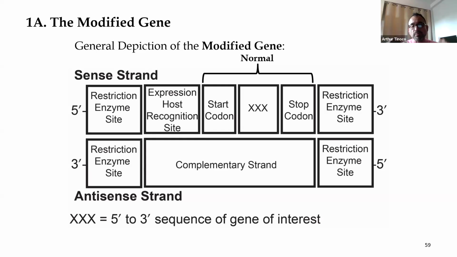When you look at the complementary strand here, this is referred to as the anti-strand, as this is arranged in an anti-parallel fashion. So the sense strand is 5' to 3'. The other is the complementary strand from the 3' to the 5' end, and that's, again, what we refer to as the antisense strand.